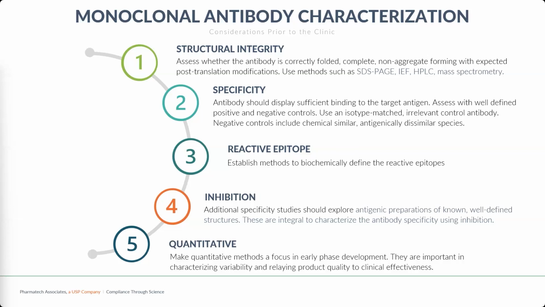Obviously, when you start testing functionality, you really need to have both positive and negative controls. And it really should allow you to get a very good picture of not only chemical similarity, but functional similarity to the reference.